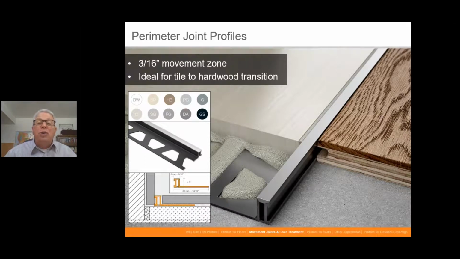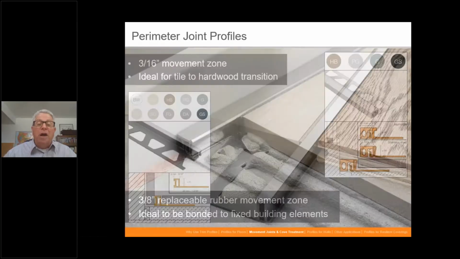And I was ensured I'd never have to come back to regrout or caulk and try to match the color of the grout to caulk when that joint between the first course of tile and the deck, whether it was a stone or a solid surface or whatever it happened to be. So keep that in mind. It's available in many, many colors to complement the grout that you're having, and it virtually eliminates maintenance down the road. So keep that one in mind.